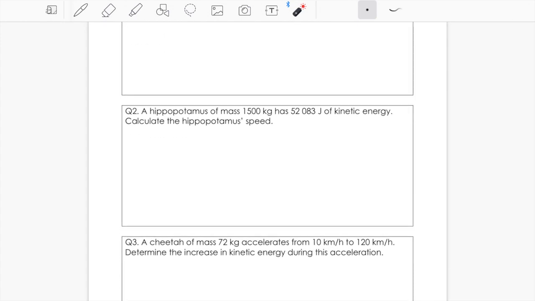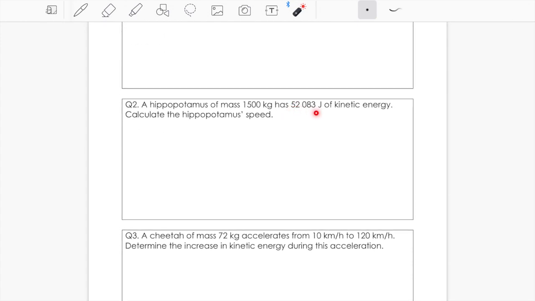For the second one, they're giving you the amount of kinetic energy, and you just have to find the velocity at which it has that much kinetic energy. So again, using kinetic energy equals 1/2 mv squared, you'd have to solve for v.